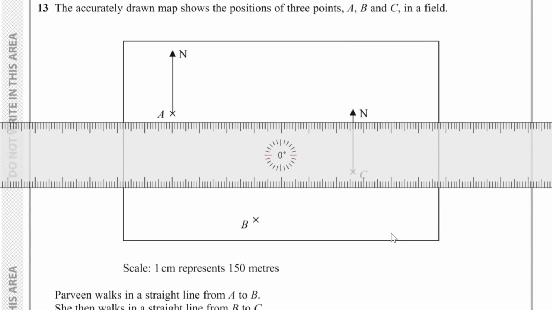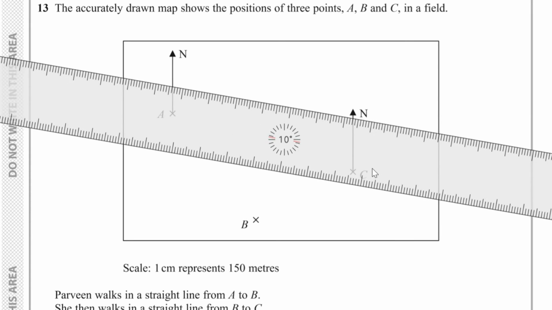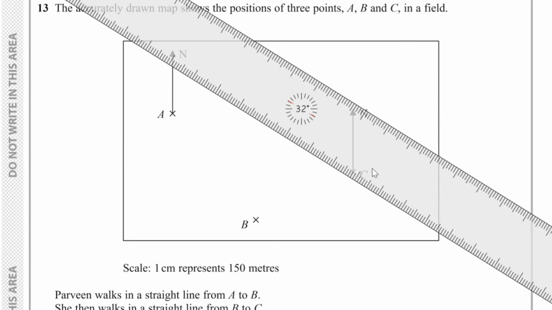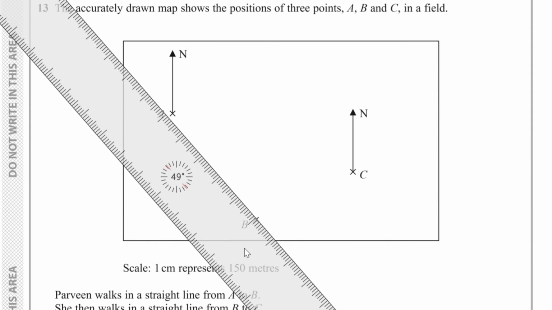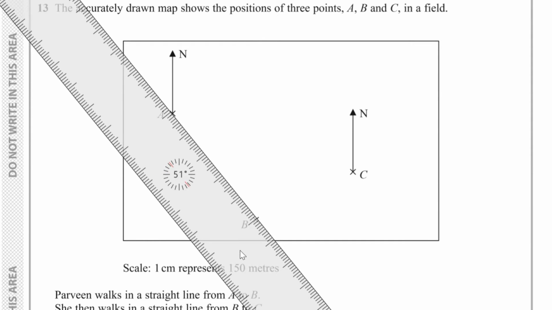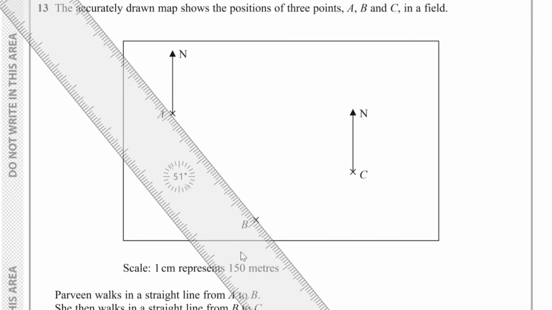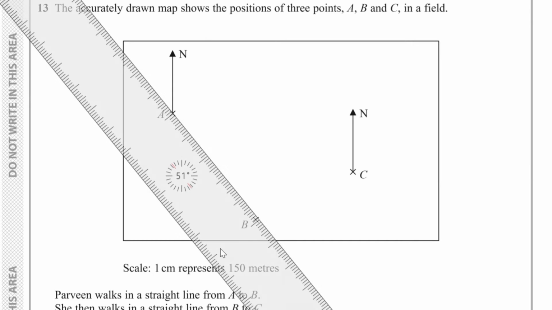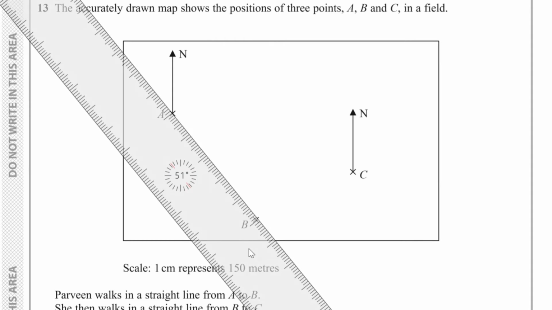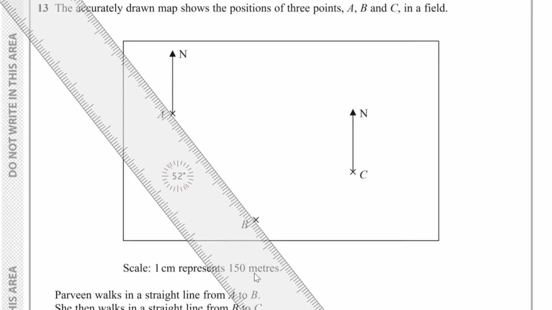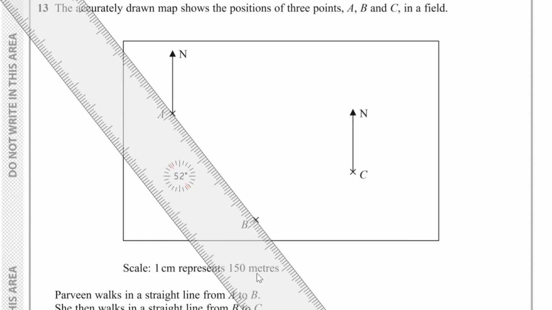So what we need to do is measure a length for AB. So it looks like AB is around 4.9 centimeters.